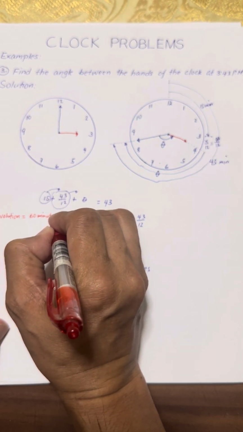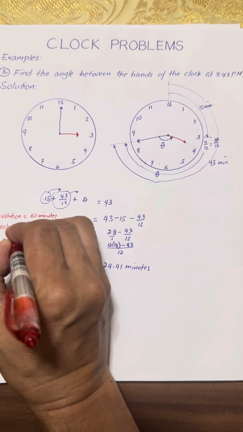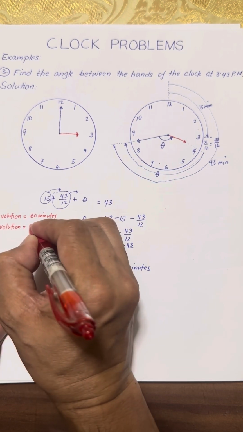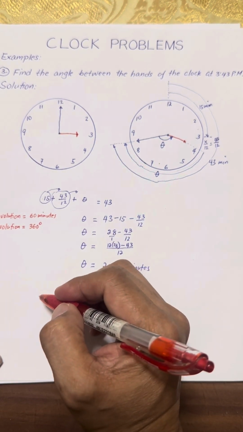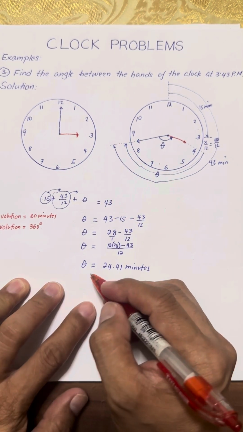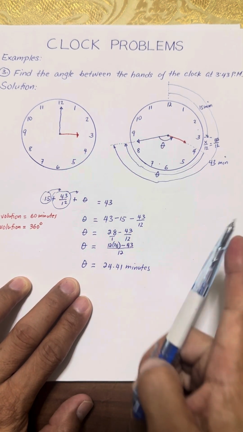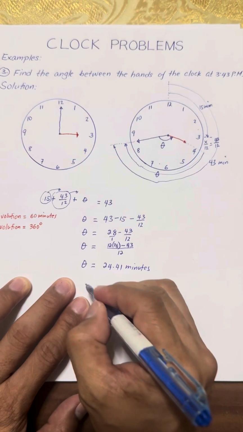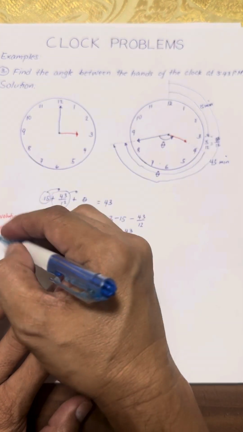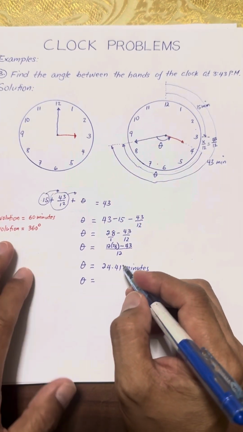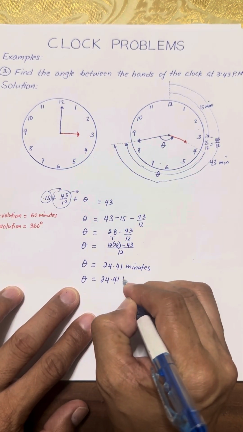And in terms of angle, one revolution is equal to 360 degrees. So now if we want our angle in degrees, you just use this relationship here. So 24.41 minutes.